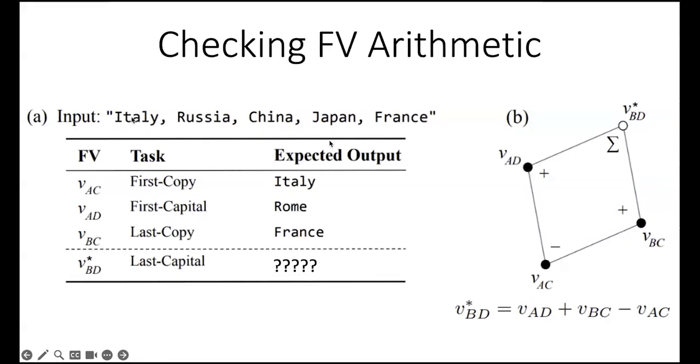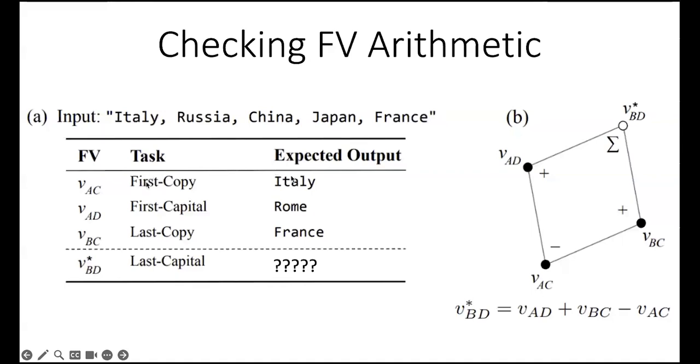And so my example input is a list of 5 countries: Italy, Russia, China, Japan, and France. And like an example task would be to give me the first thing on the list. And if I gave a model like 10 examples of lists followed by giving me the first thing on the list, then the model would be able to learn that very easily using ICL, and it would continue to follow the pattern of giving me the first thing on the list.